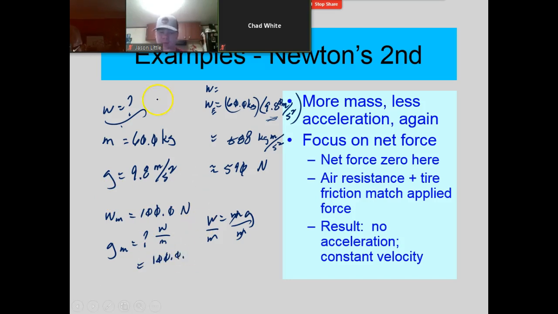Now I'm not going to write it as newtons. I'm going to write it in basic units, kilogram meter per second squared. That's what a newton is, divided by the mass of 60 kilograms.